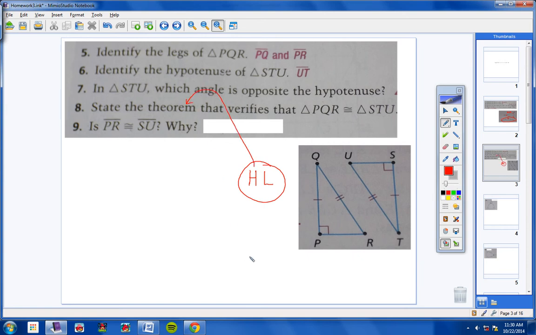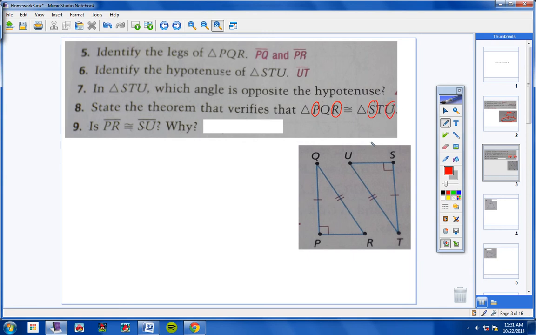Okay, the HL theorem. Now that we've stated these two triangles are congruent, do we know that PR is congruent to SU? Well, let's check it, make sure, okay? PR, well, here's P and here's R. PR is congruent to SU. Well, here's S and here's U. Okay?